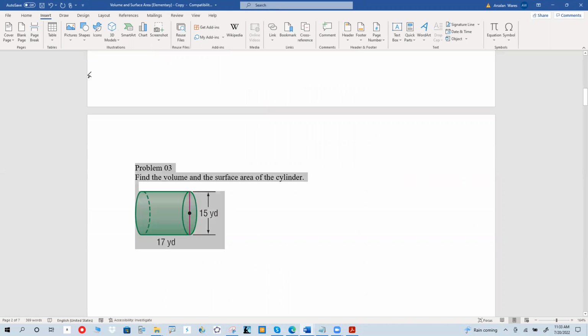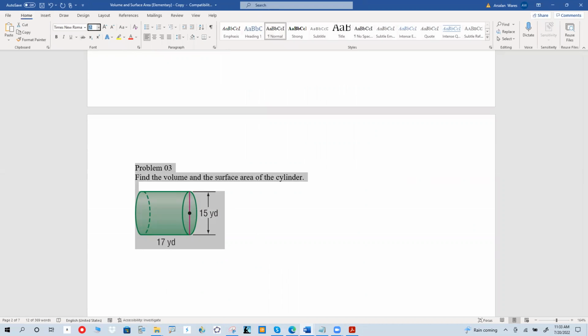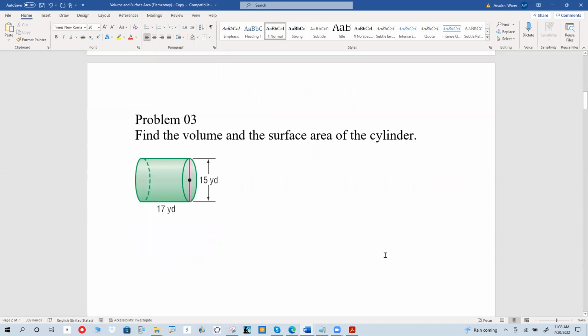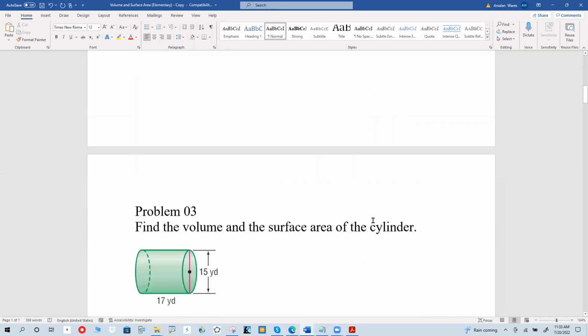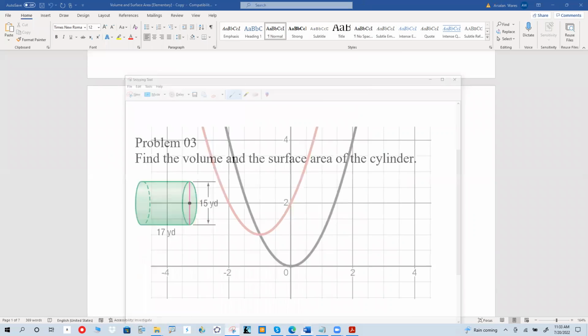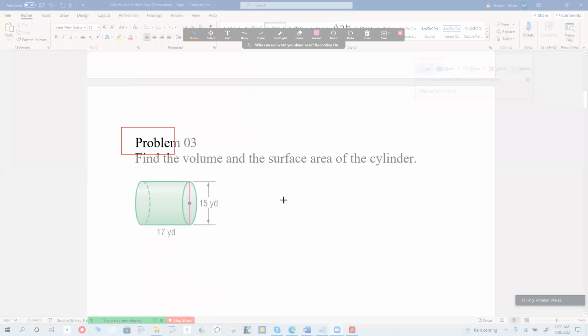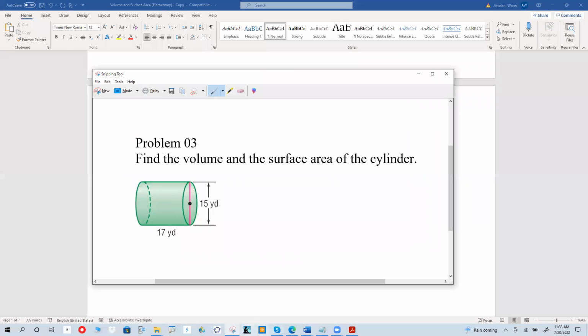So this looks like a cylinder to me. Okay. This is a cylinder. I'm going to take this, bring this guy here.